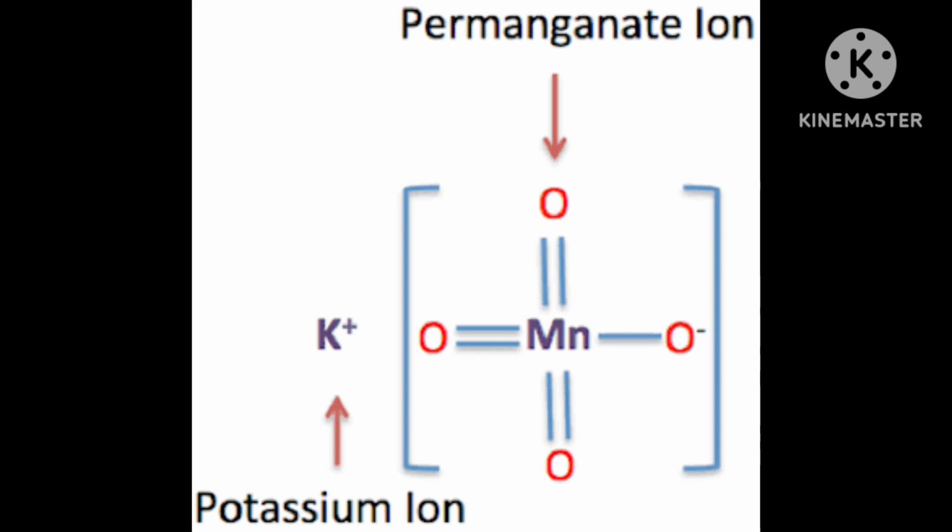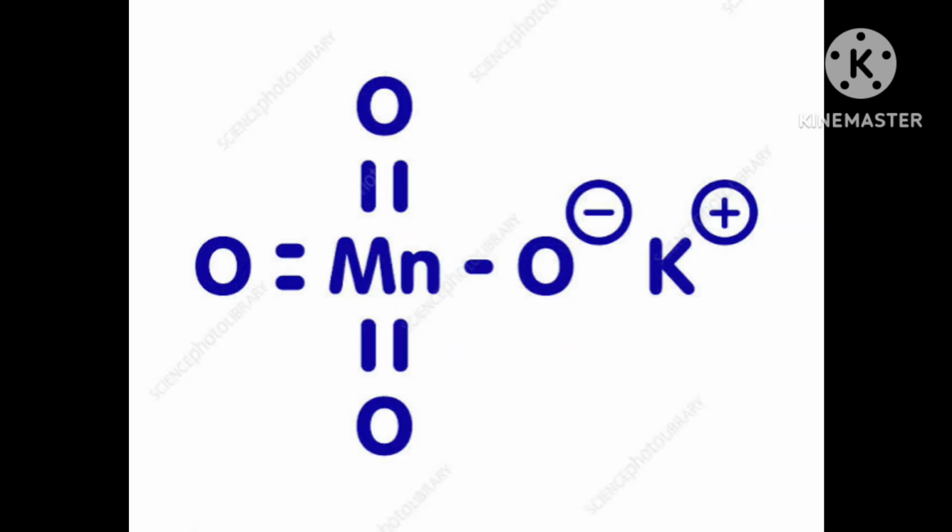Okay, this is the tetrahedral permanganate. Its color is purple. Now I am telling you other properties, and how you will differentiate manganate and permanganate.